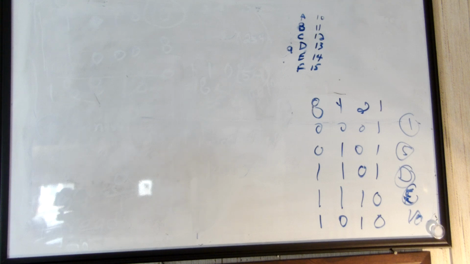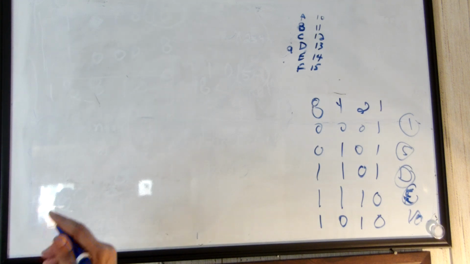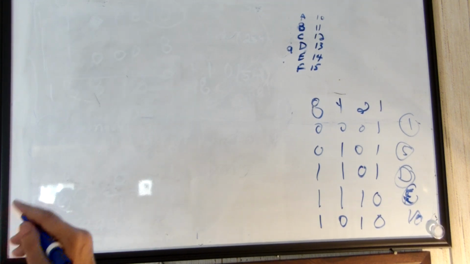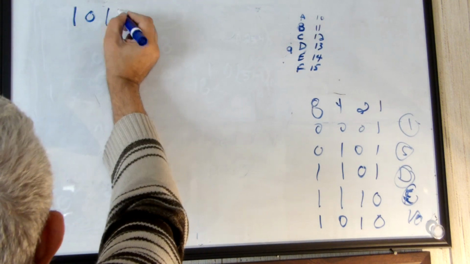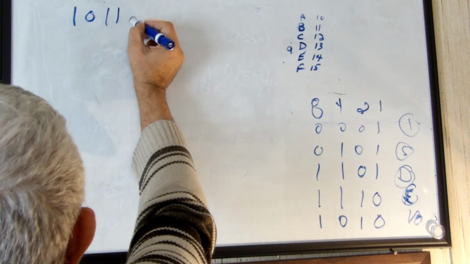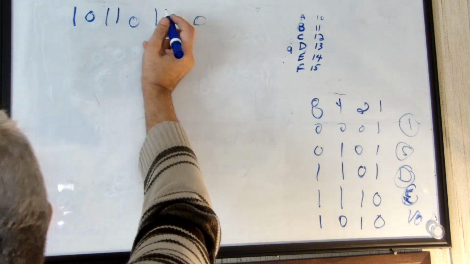Okay, if we use this one, the binary number is 1, 0, 1, 0, 0.